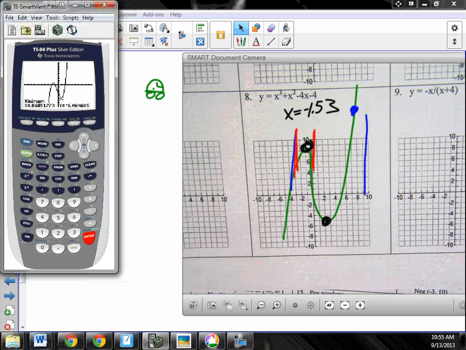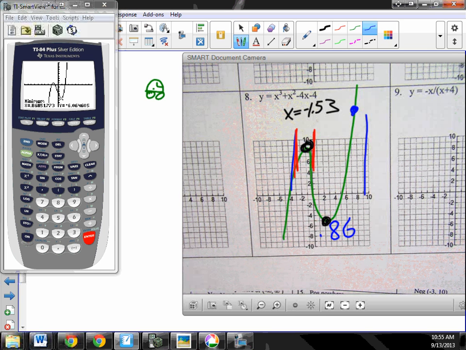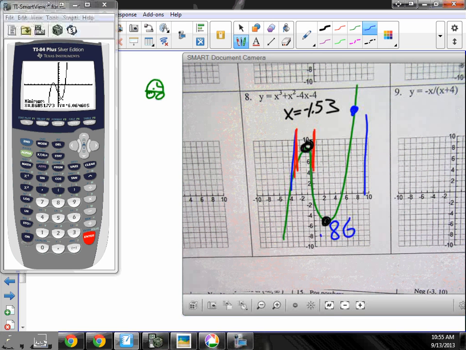And then 0.5 as my guess. And that x value is 0.86. Now remember, we don't care about the y values in this case. If we were trying to find the domain and the range, the y value could help us find the range, but when we're looking for increasing and decreasing intervals, all we care about is the x value.